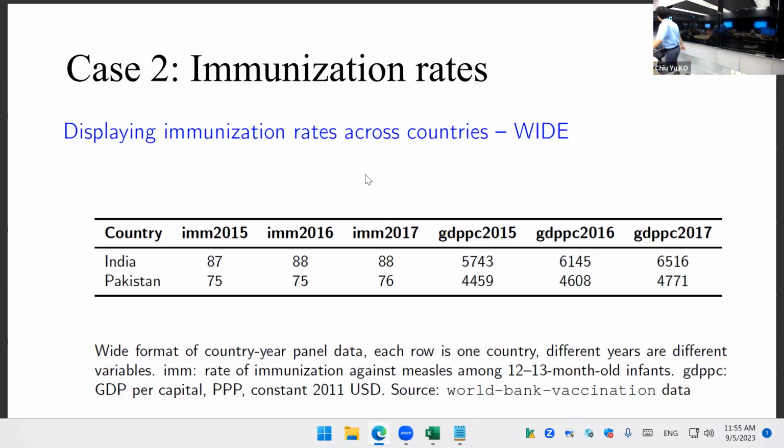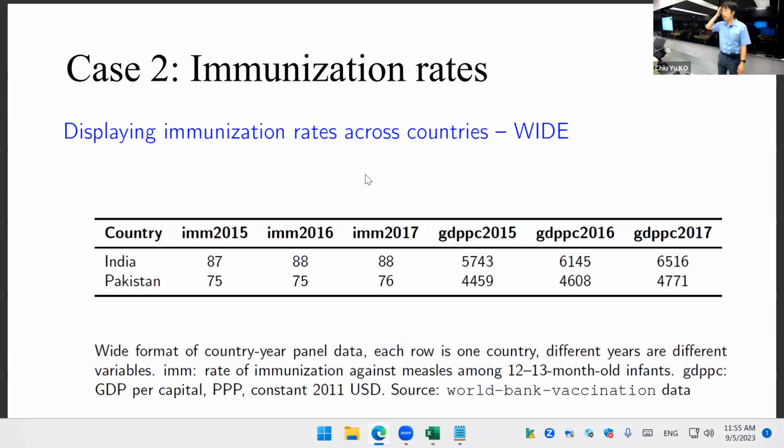The data you see, each row is a unique ID because country is a unique ID. And you have the immunization record and GDP per capita as different columns, right? And this is a wide format, right?